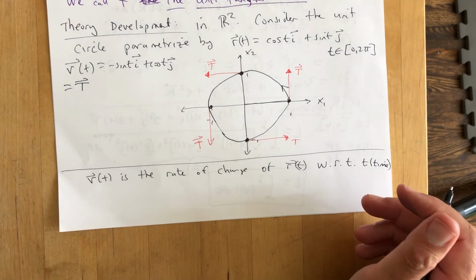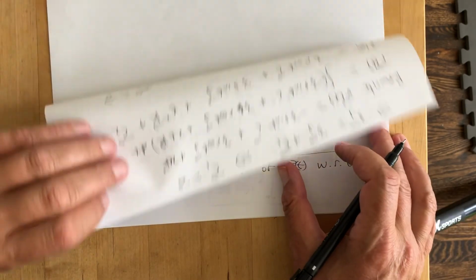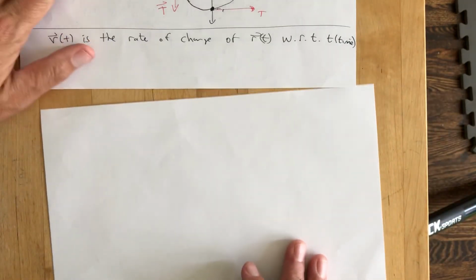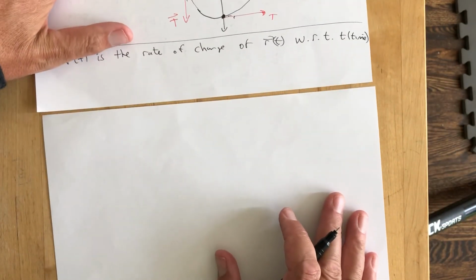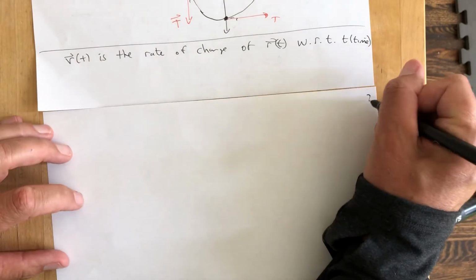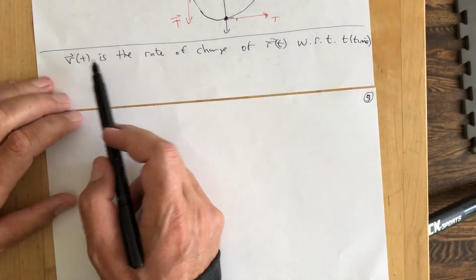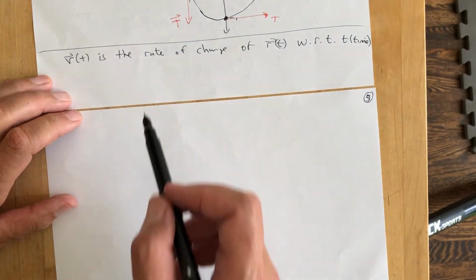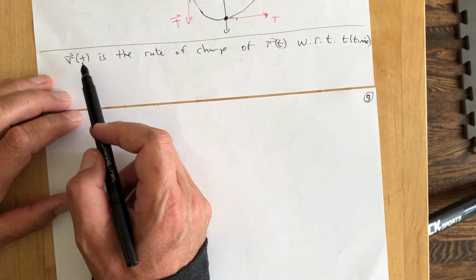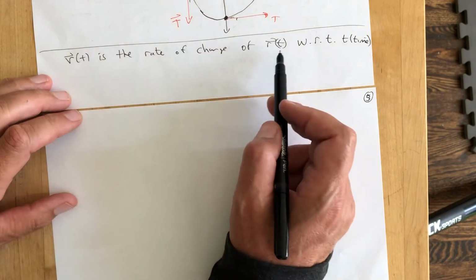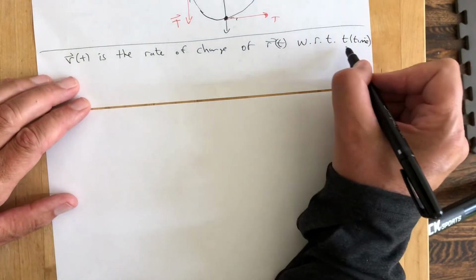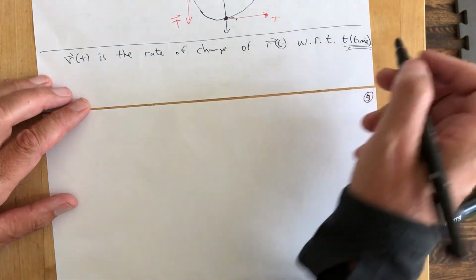We're almost done, so stay with me, please. If we were in class, I'd be throwing stuff at you. I'm sure you're wide awake. All right, page 5. We rarely get to 5. Here we are. Okay. So this vector v up here, which in this case is actually capital T, but it doesn't matter. It's the rate of change of r with respect to t, but little t being time.